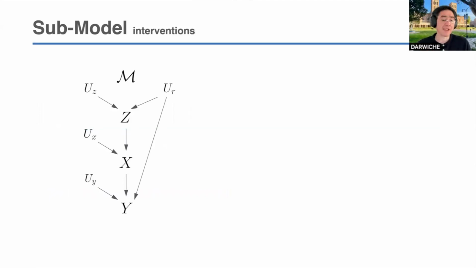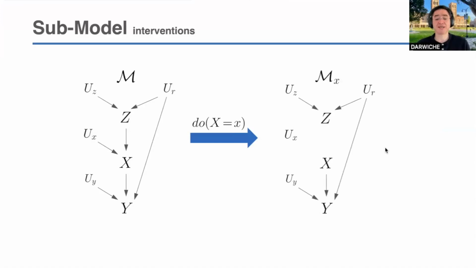So first of all, I need this important notation that people use in causality. If you have a structural causal model like this, and I want to do an intervention, like set the value of variable X to that particular value, people talk about the notion of a submodel, which is another structural causal model that I obtain by doing two things.